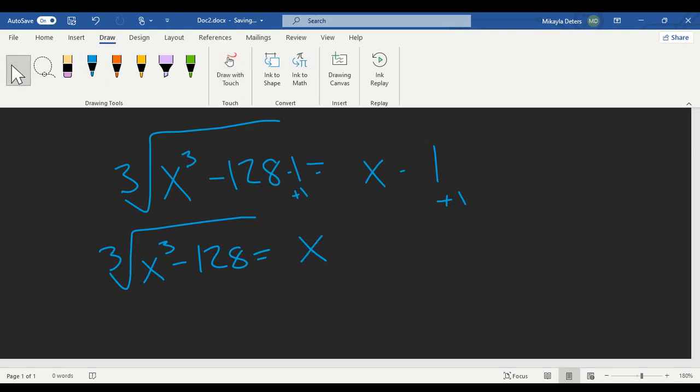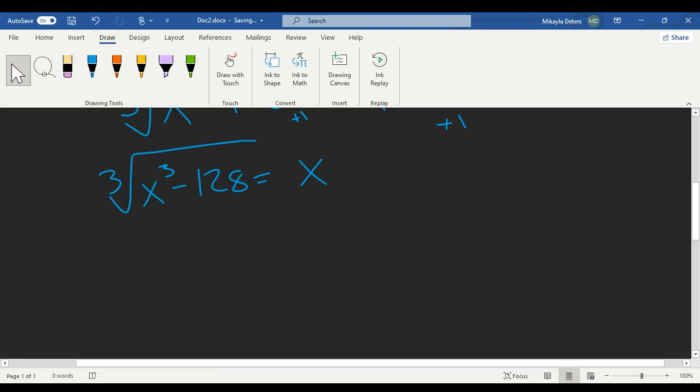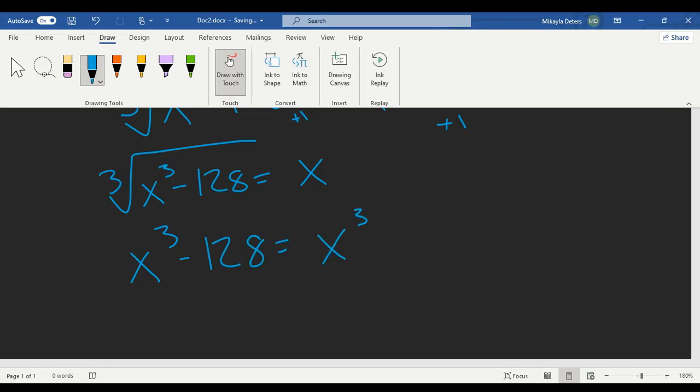All right, and then after this, we're going to raise each side to the power of 3 to get rid of this cube root. So it's going to be x cubed minus 128 is equal to x cubed. We can already see a discrepancy here with the first part being the same and the second part being different.